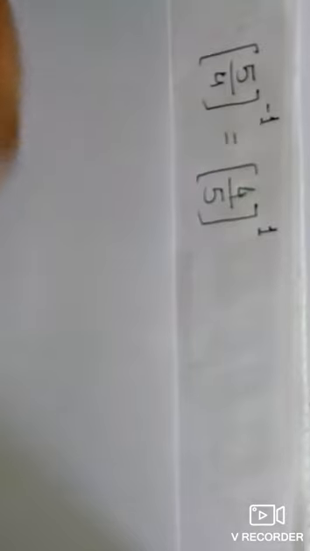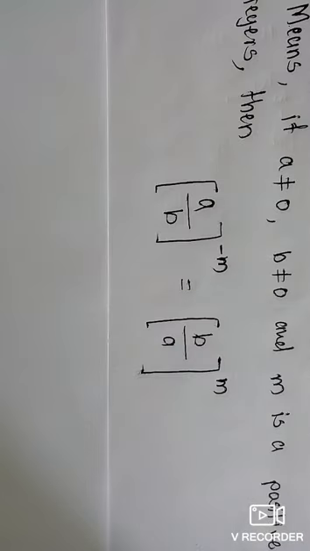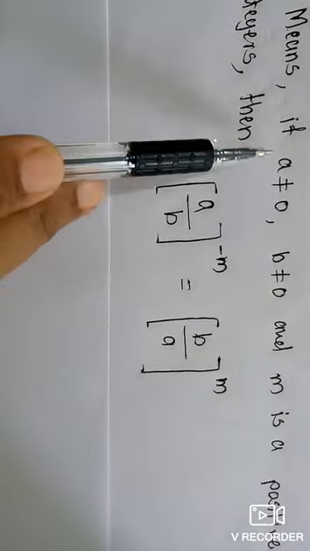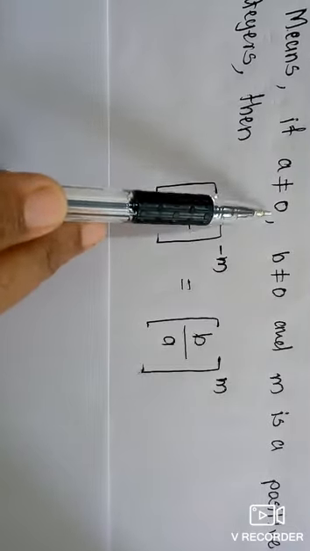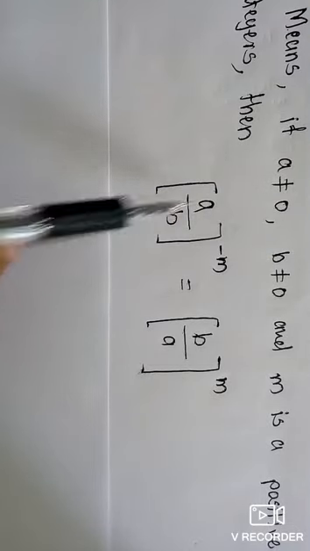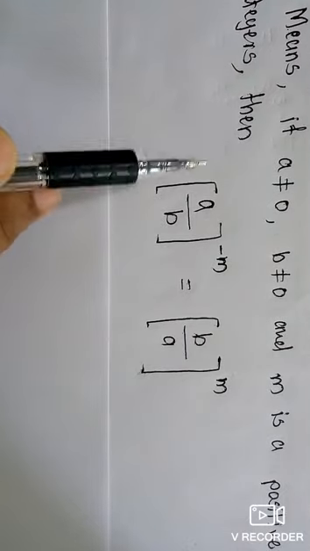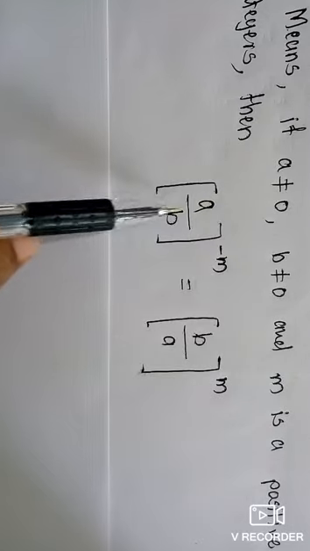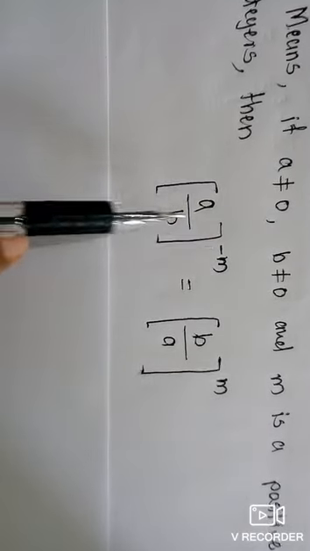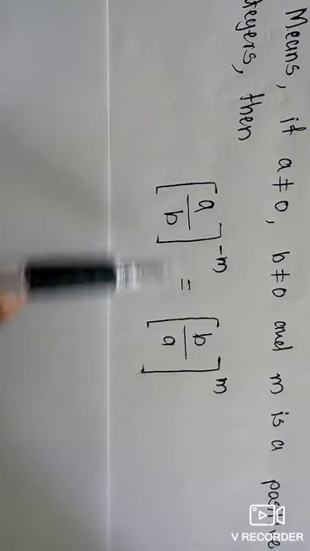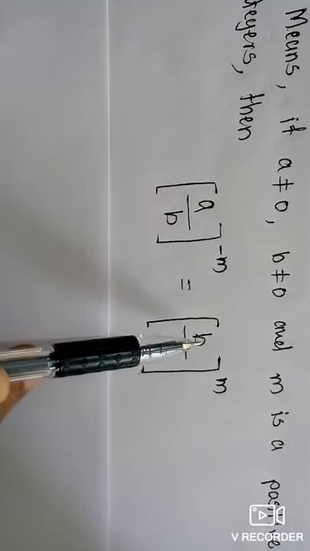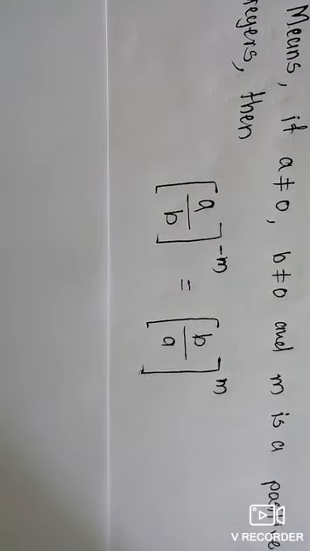Yeah, it is the same rule as previous. That means if a is not 0 and b is also not 0, both are not 0, and m is a positive integer or negative, then a upon b raised to negative m is equal to b upon a, we take the reciprocal, and this index will become positive. Okay, remember this rule is also a very important rule.